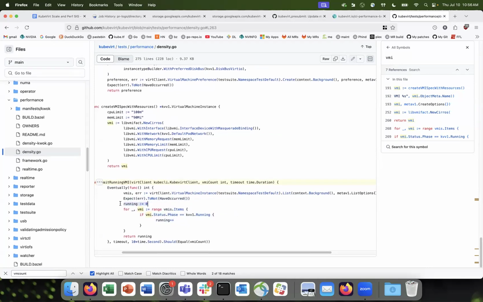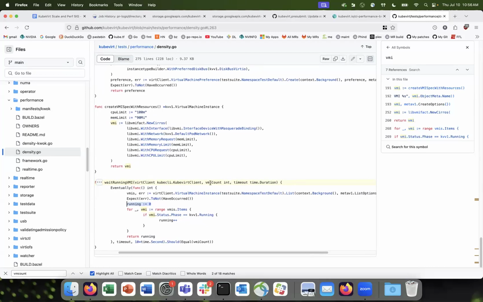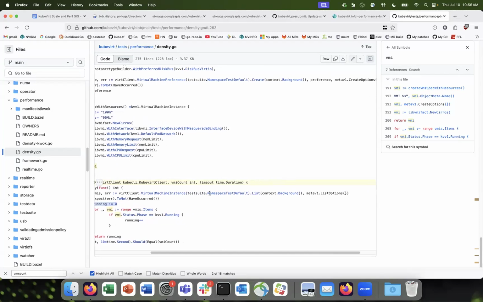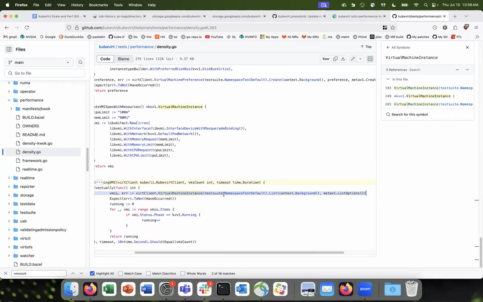It has a wait running VMI, and it's going to count. Then it waits till. Oh, so this gets the full list of VMIs in the namespace test defaults.